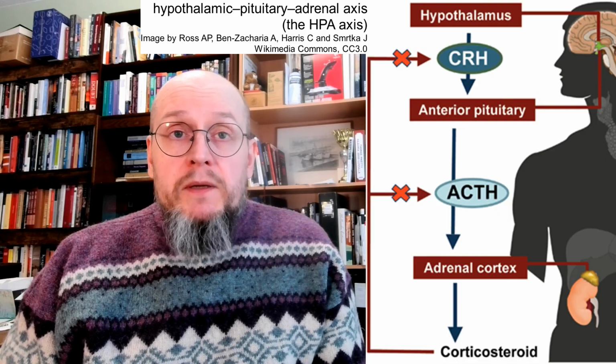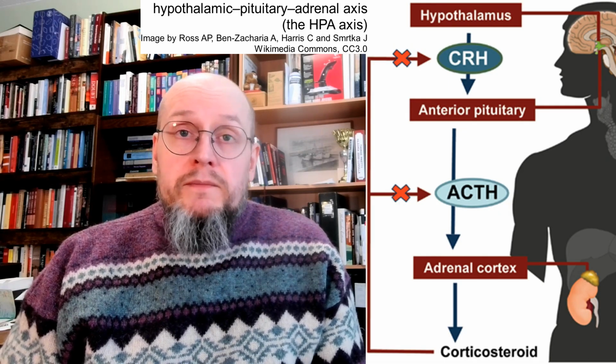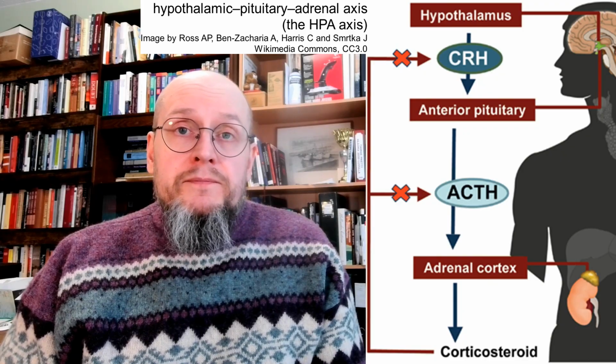The mother's use of alcohol during pregnancy may also influence the brain of the fetus this way. Even the mother's stress during pregnancy has adverse effects to the developing fetus by affecting the development of the hypothalamic pituitary adrenal axis, the HPA axis.